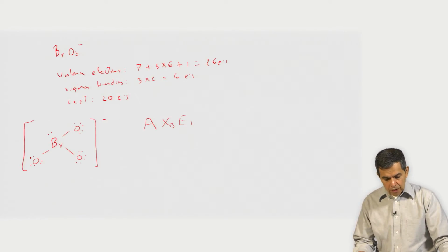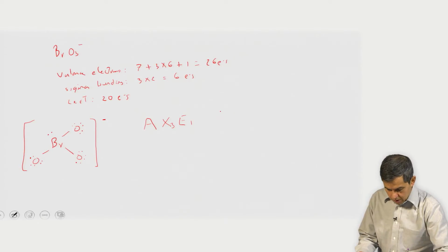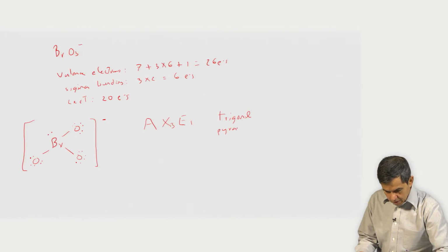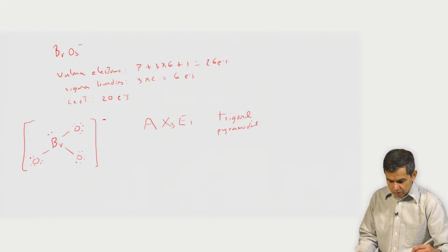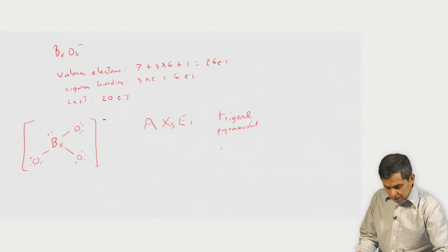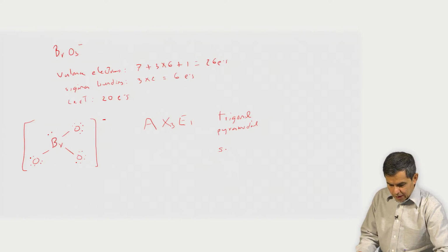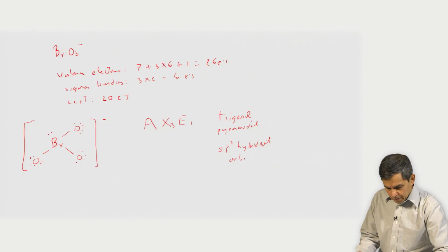And this particular shape is called trigonal pyramidal. Because we have 3 bonding groups of electrons, we know that the central atom bromine has sp3 hybridized orbitals.